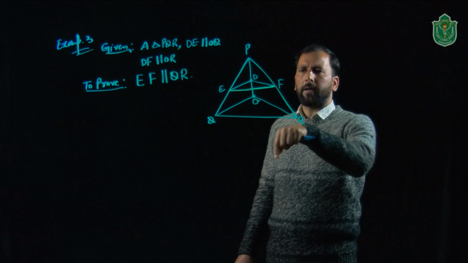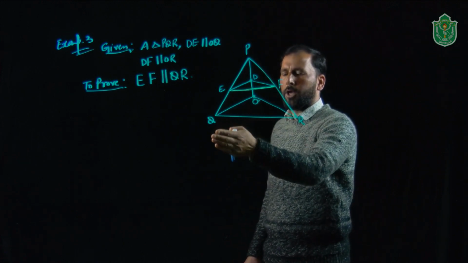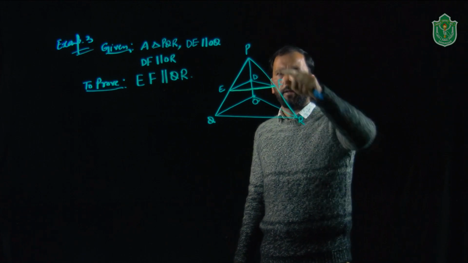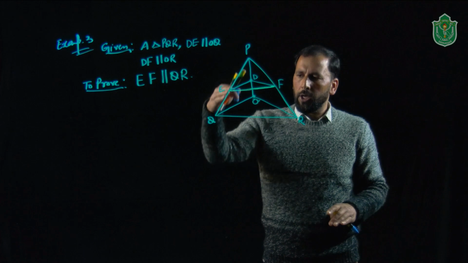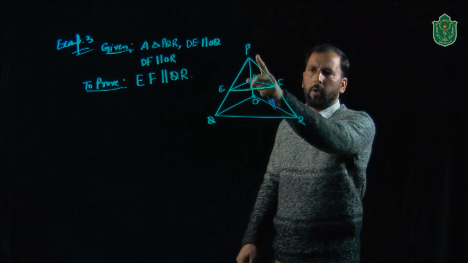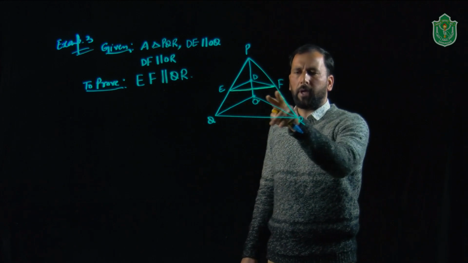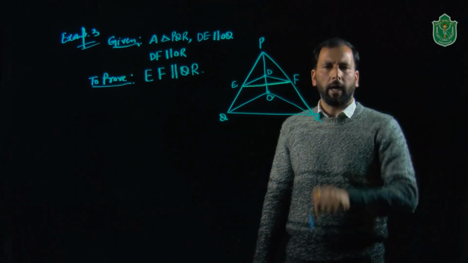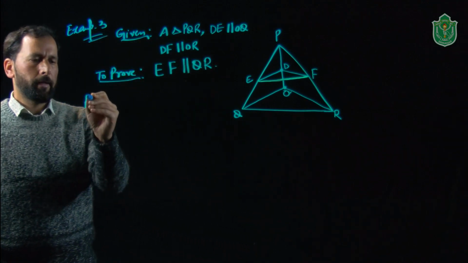We have to show that EF divides side PQ, meaning PE and EQ, and the other side PR, that is PF by FR. If we prove PE by EQ is equal to PF by FR, then we can say that EF is parallel to the third side QR. So let us take the proof of this question.